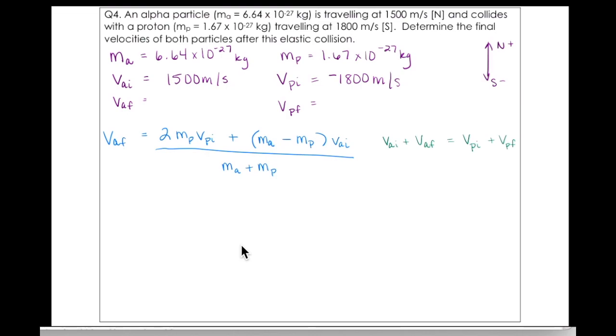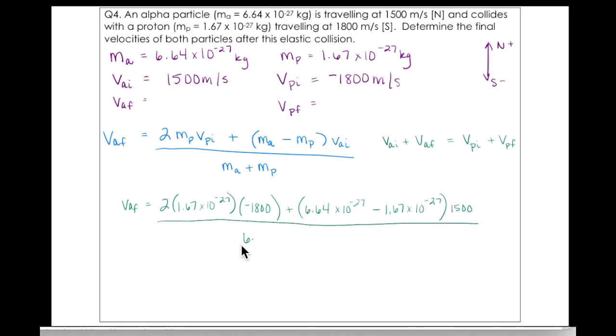Plugging in the information, VAF is equal to 2 times the mass of my proton, 1.67 times 10 to the negative 27th, times the velocity of my proton, negative 1,800 meters per second, plus the mass of my alpha particle, 6.64 times 10 to the negative 27th, minus the mass of the proton, times the initial velocity of my alpha particle, 1500, all over the mass of my alpha, 6.64 times 10 to the negative 27th, plus the mass of the proton, 1.67 times 10 to the negative 27th.